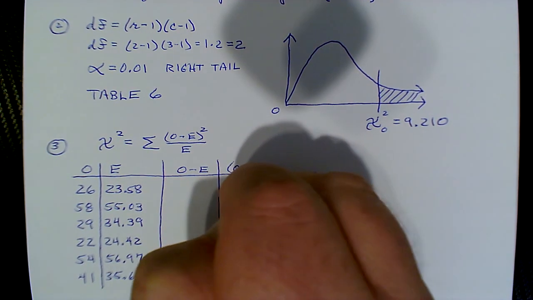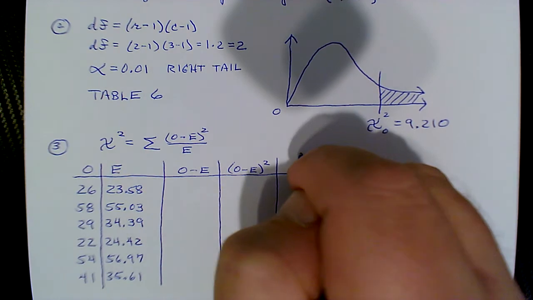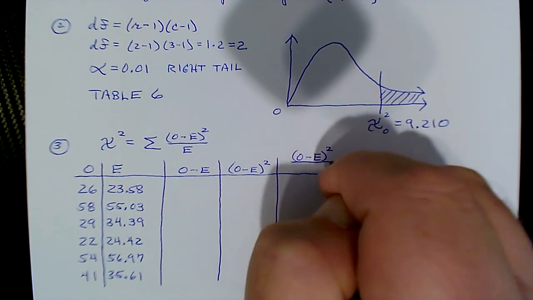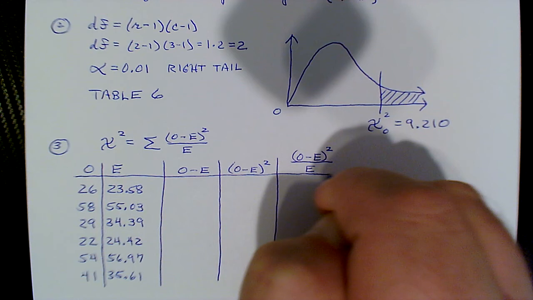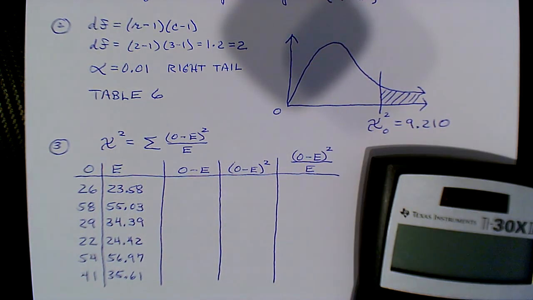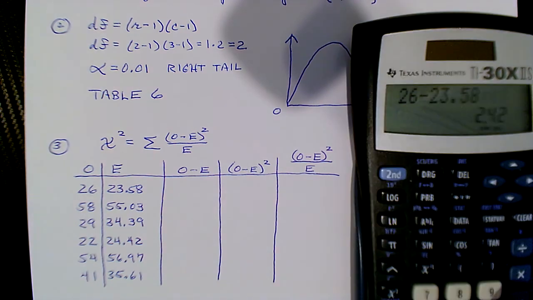Alright, so to build the formula, first the difference, O minus E, square those results, and then divide those results by E. So showing it literally one more time. 26 minus 23.58 is 2.42.